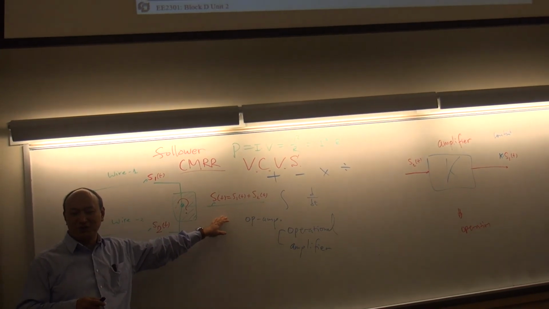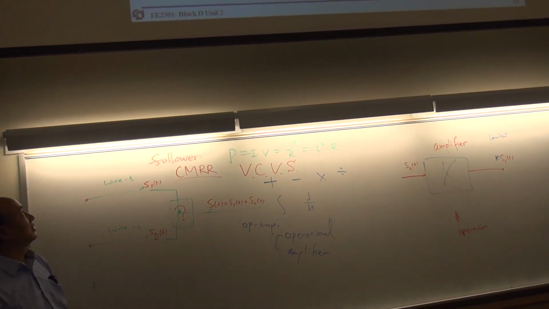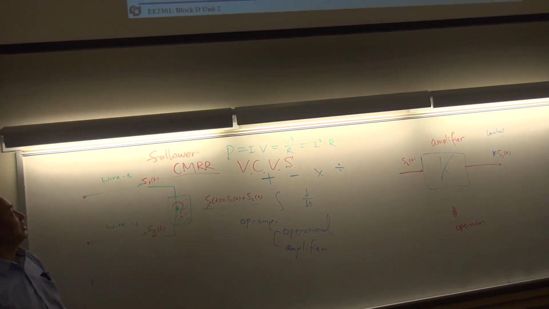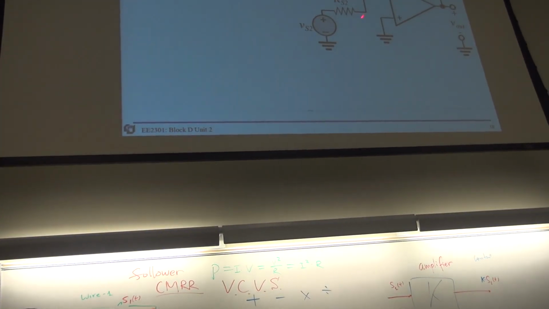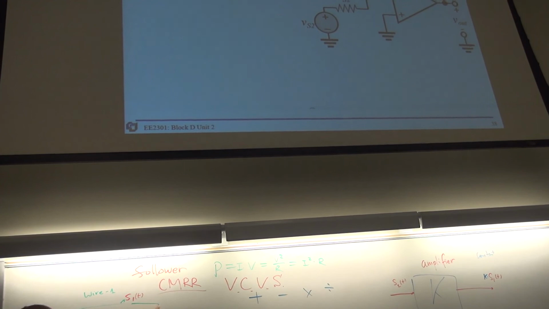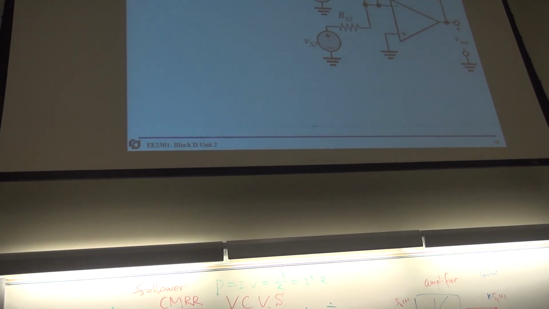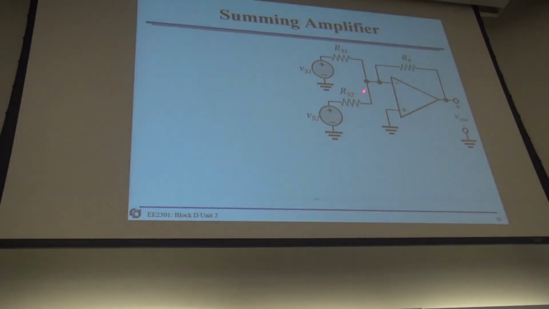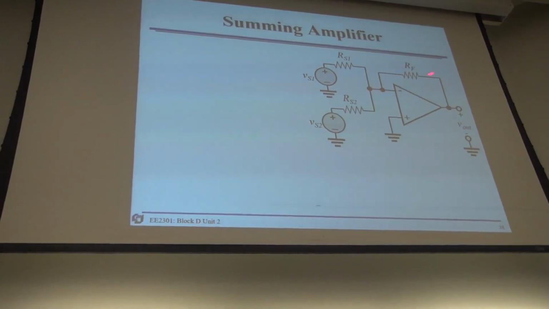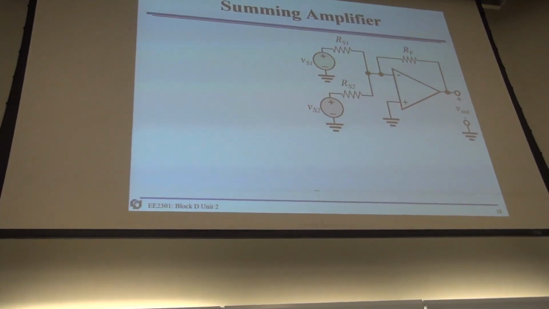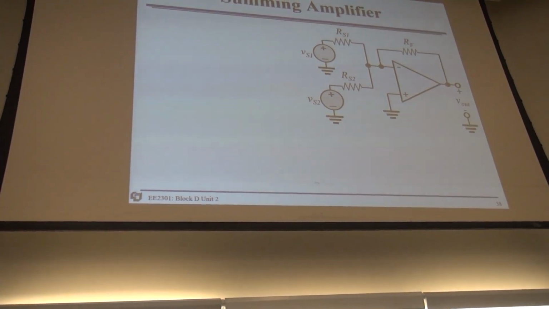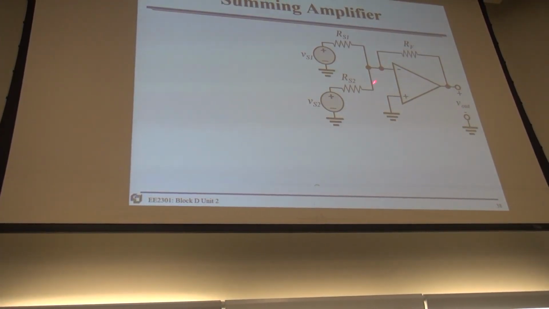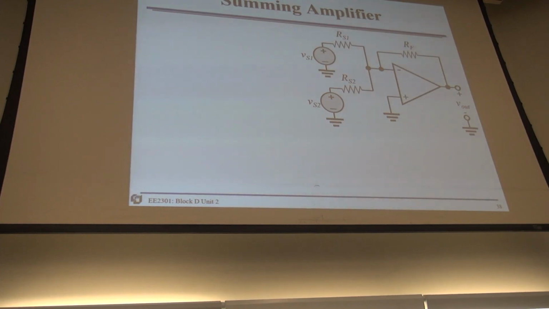So what you should really do is like this. You can connect this together. If you don't have this one, it doesn't make sense. So you got to have this thing to make sense.